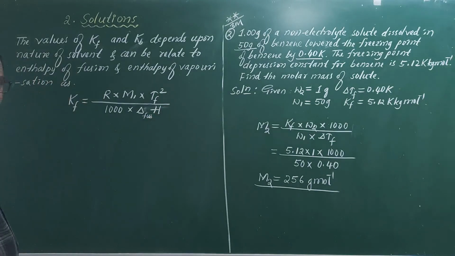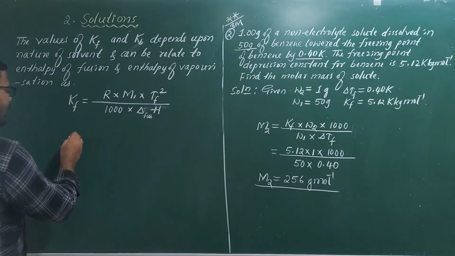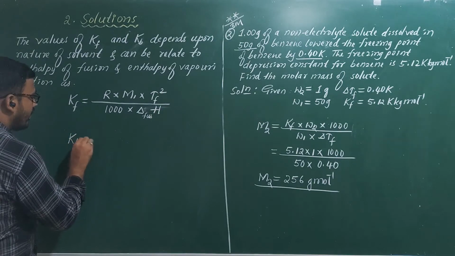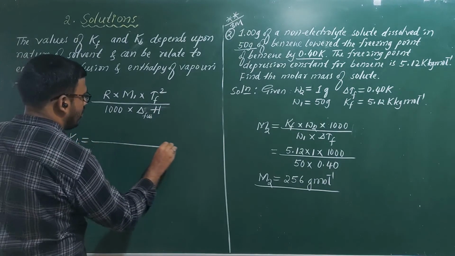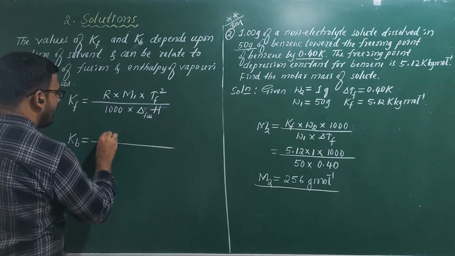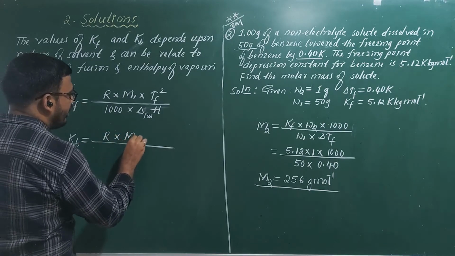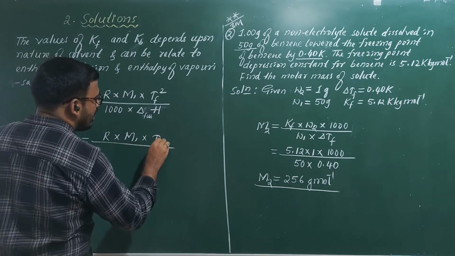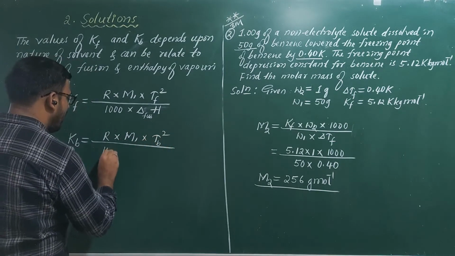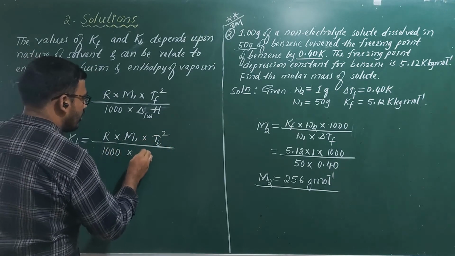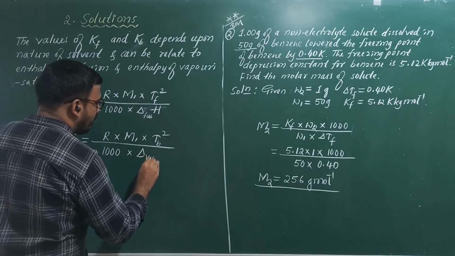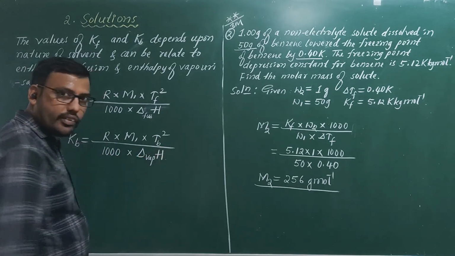Okay, so similarly Kb is equal to R into M1 into Tb square divided by 1000 into enthalpy of vaporization, like this.